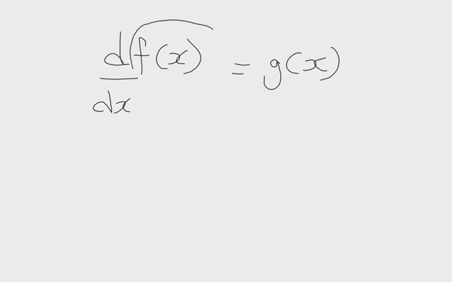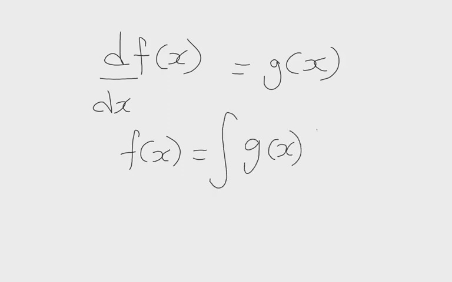So how can we find f of x? To find f of x, we are going to use the process called integration. We want to integrate it. So just write f of x to be the integral of g of x dx, and that will give us f of x.